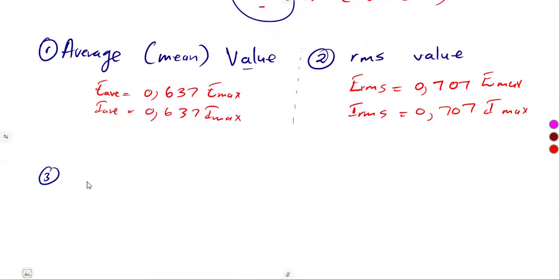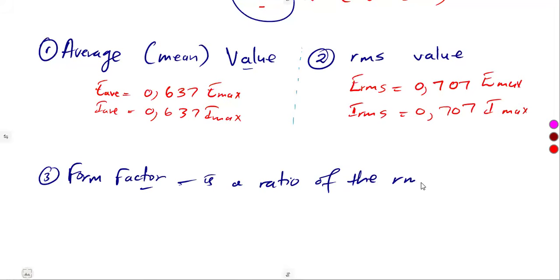Then number 3, we also have the form factor. So the form factor is a ratio. This is the ratio of the RMS value of the given wave to its average value.